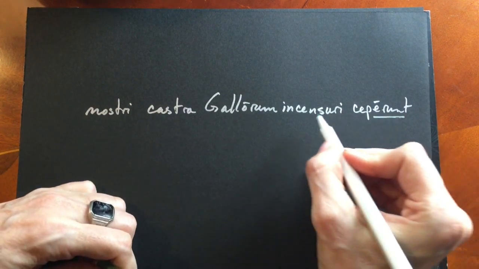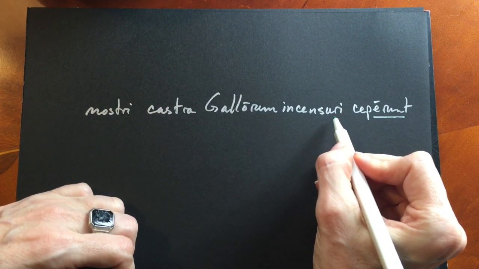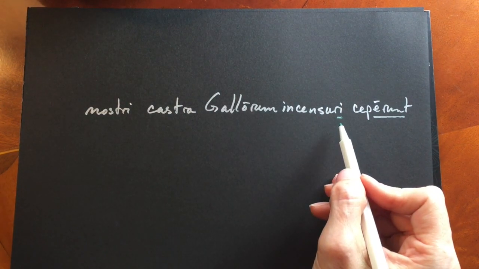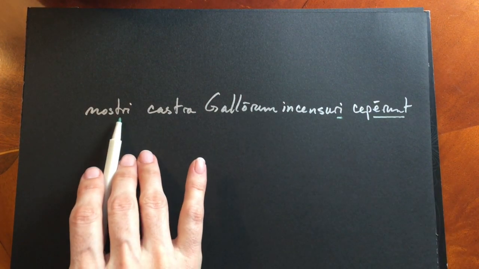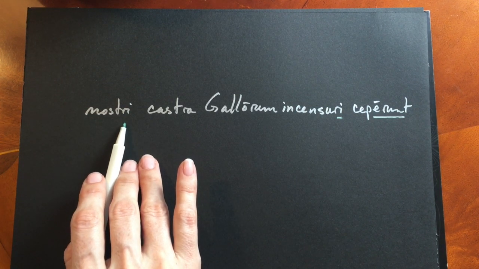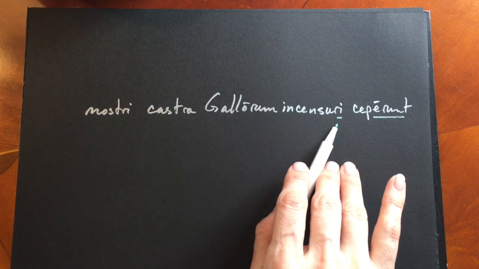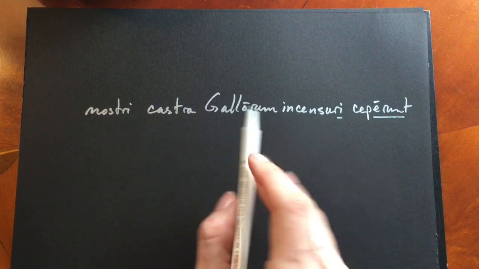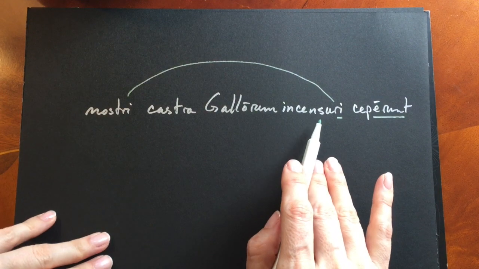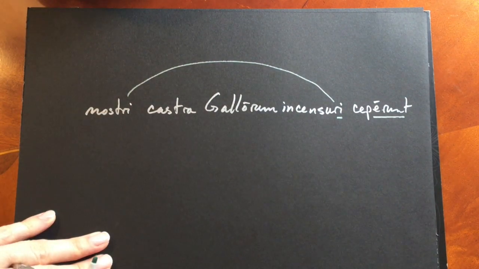And we have a urus, ura, urum ending. Nostri, of course, is masculine, plural, nominative, and it matches with incensuri. So this is describing the subject, the men.